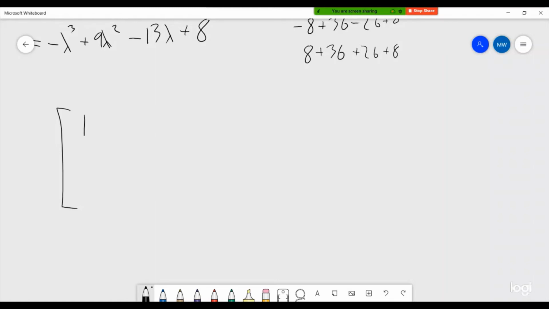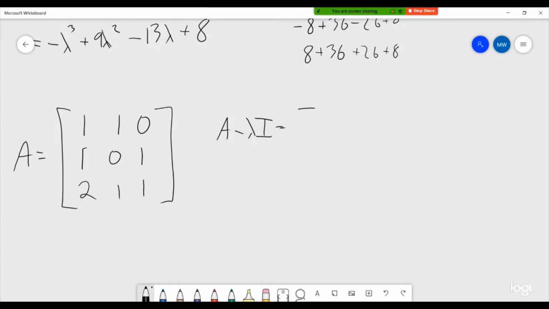Let's do 1, 1, 0, 1, 0, 1, and then 2, 1, 1. This one's going to at least be able to be factored. So that is A. So A minus lambda I is 1 minus lambda, 1, 0, 1, negative lambda, 1, 2, 1, 1 minus lambda.